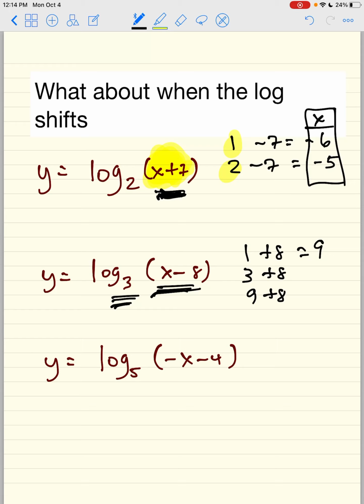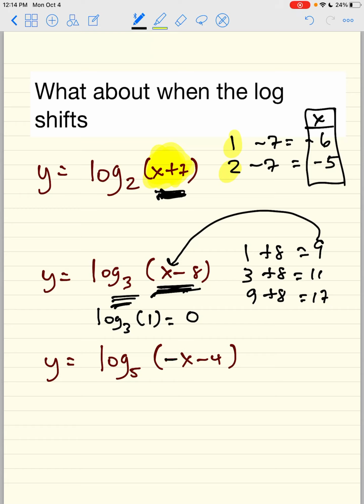You get a 9, you get an 11, and you get a 17. When you go back to put 9 in here, 9 minus 8 is the 1 that we want, because we know log base 3 of 1 is 0, right? When you put 11 minus 8, you get log base 3 of 3, that's 1.